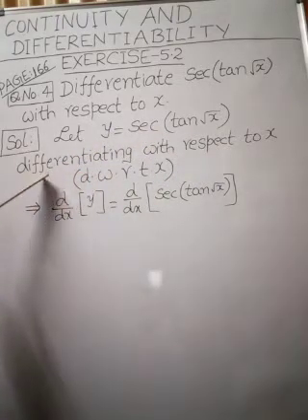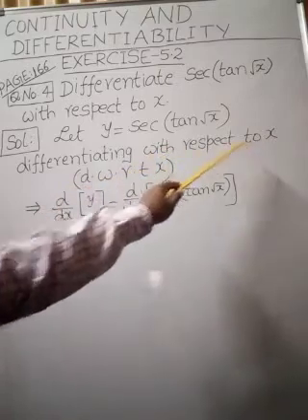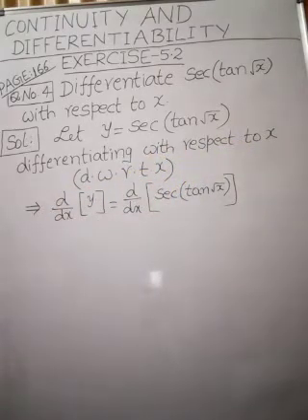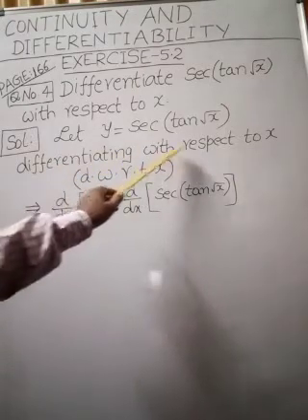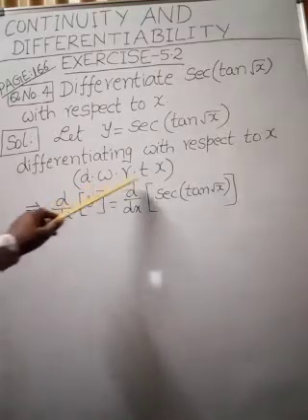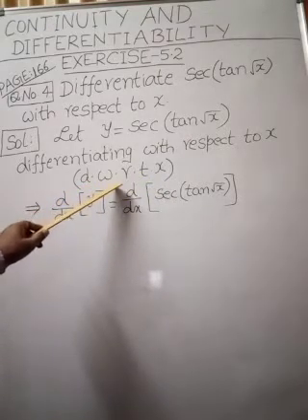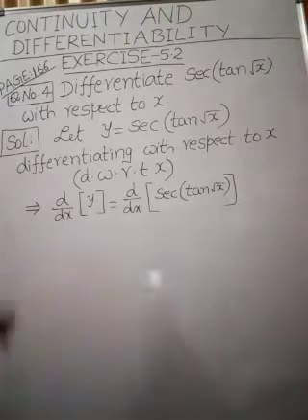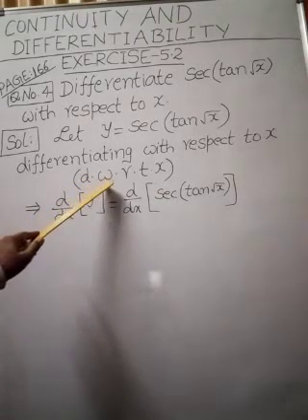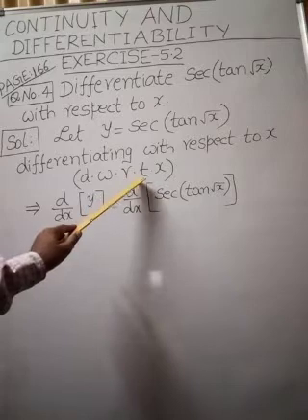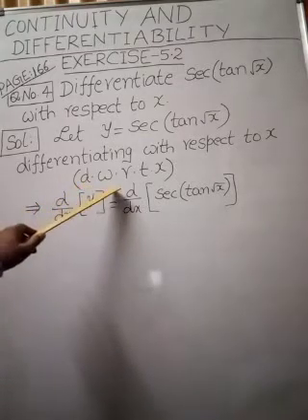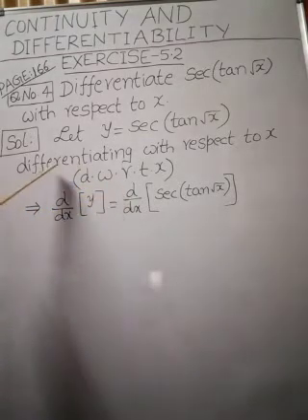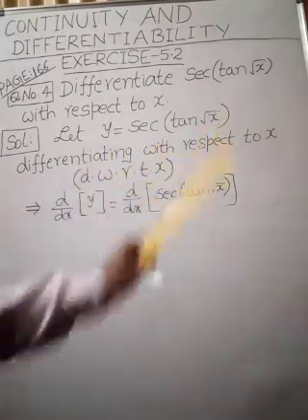Right. Now, differentiating with respect to x. I said many times, this sentence can be written in the short form like this: D.W.R.T.X. In the upcoming exercises, we use this short form to denote the full sentence, differentiating with respect to x.